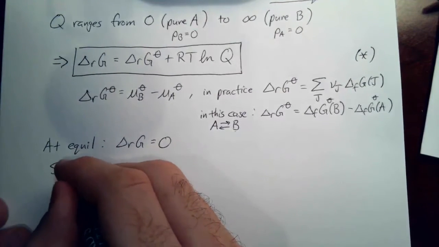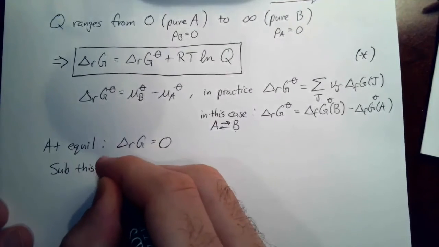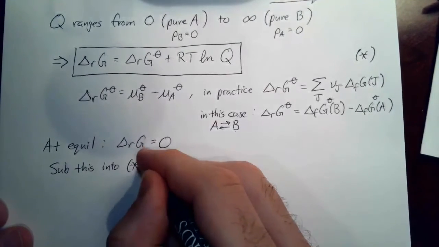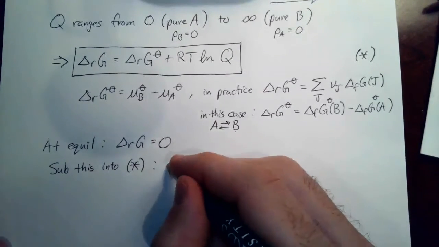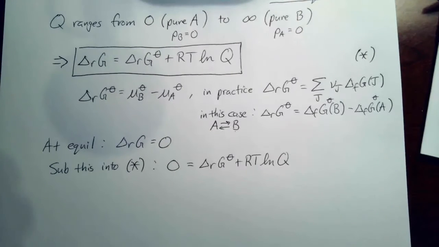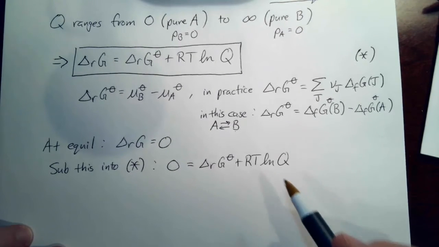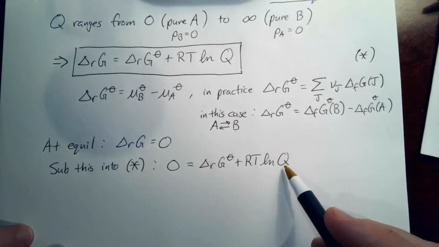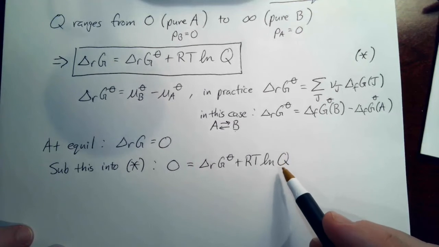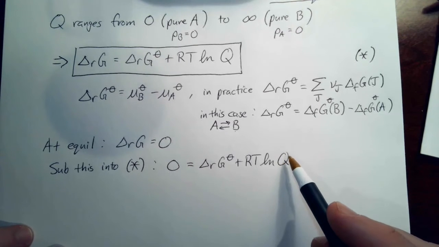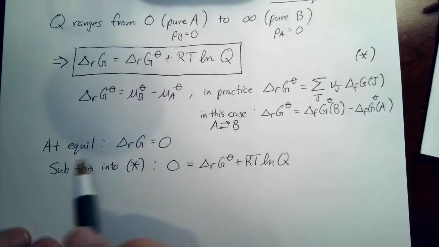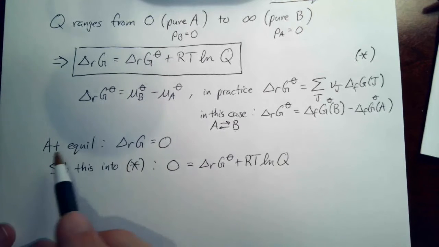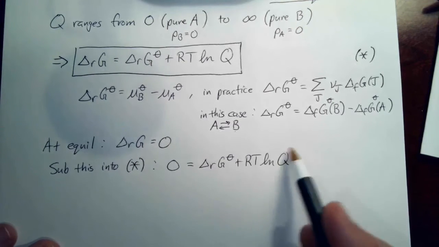So we sub this into star, and we get 0 equals. And remember, Q is the ratio of the partial pressures. Q is going to change as the reaction progresses. And so if we're talking about the equilibrium point of this reaction, we're going to give Q a special name.